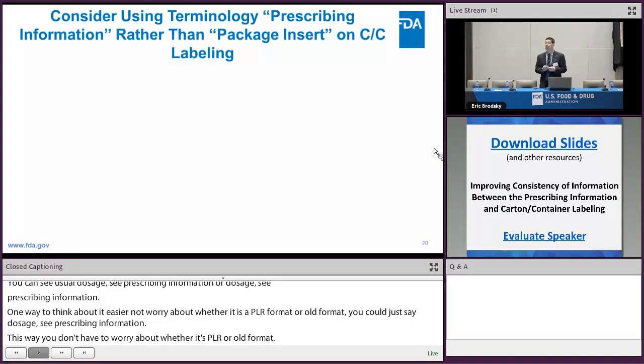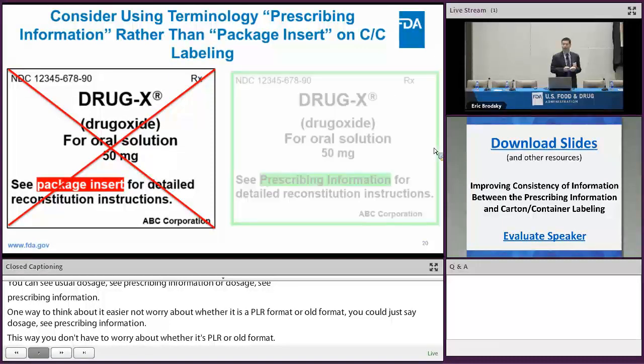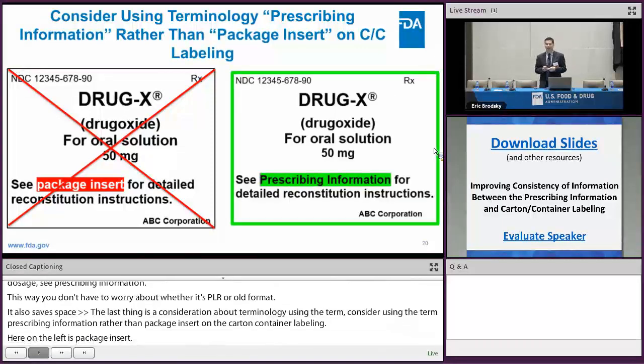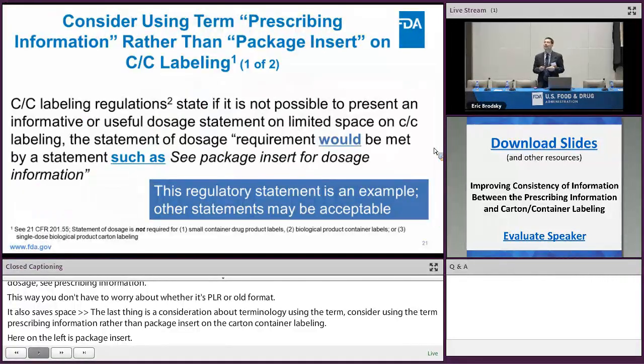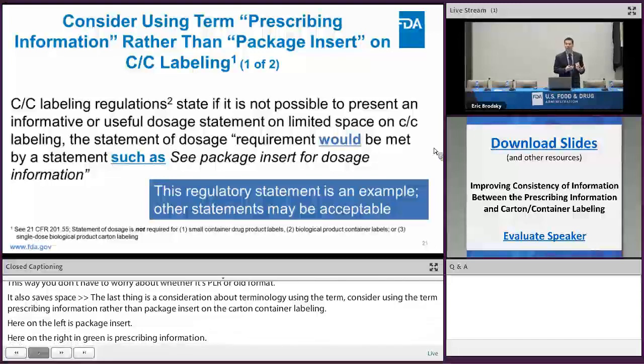The last thing is a consideration about terminology: consider using the term prescribing information rather than package insert on the carton and container labeling. Here on the left is package insert, and here on the right in the green is prescribing information. As stated earlier, the carton container labeling regulations give you an option. If there's limited space, you could use a dosage terminology statement to refer to the prescribing information.